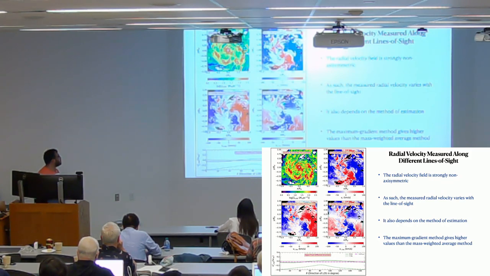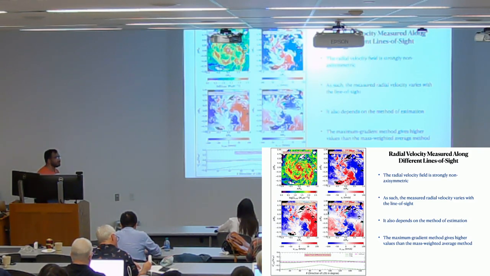Then one of the methods is that we can just mass average over VR mod cos theta. If we mass average that, then we get some signal, and that signal is shown by the solid green line here, as a function of theta.